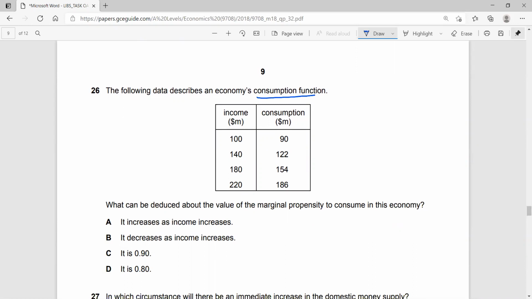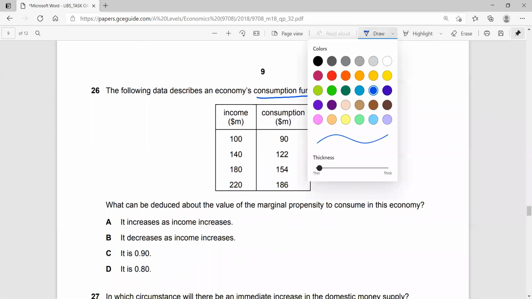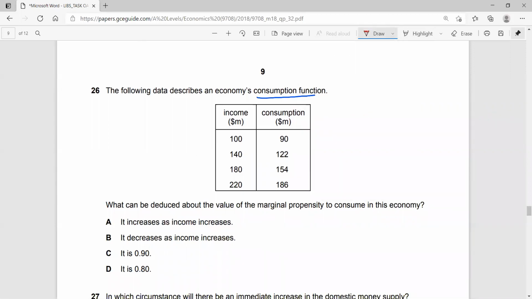All right. So, okay, this is actually an interesting question. I want you to be very careful about what your MPC is, because I'm sure a lot of people will get this wrong otherwise. MPC is the change in consumption that's brought about if there's a change in income. So if income increases by $100, how much does your consumption increase by? That's MPC.